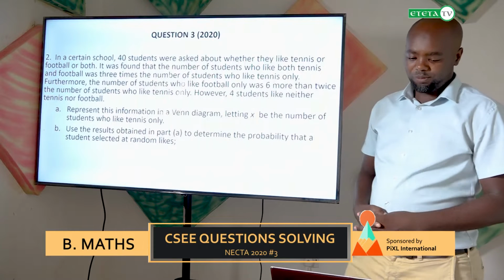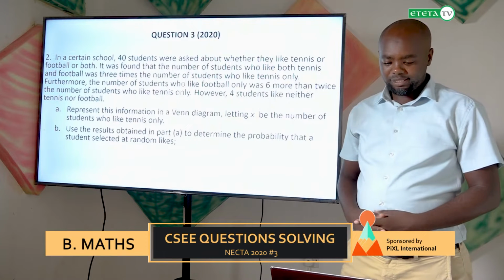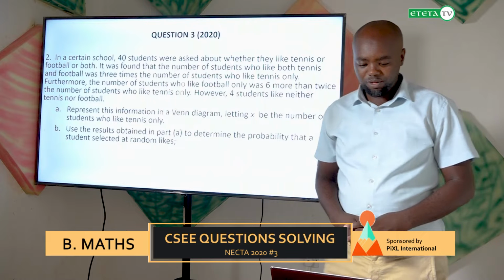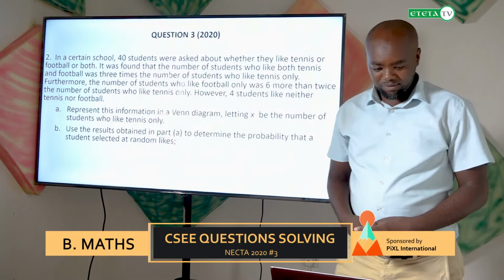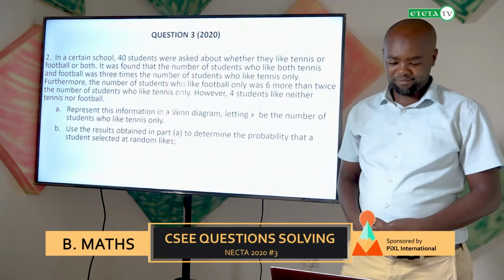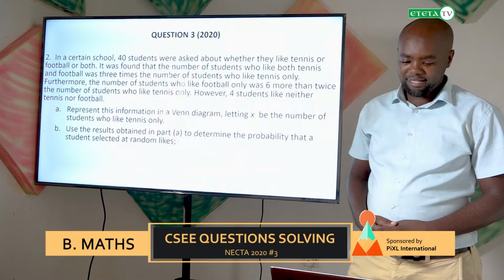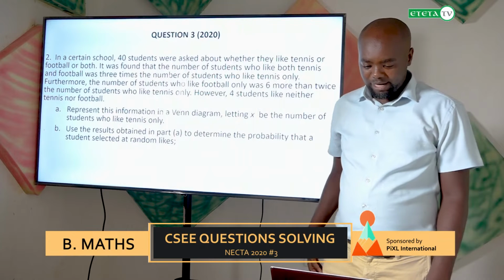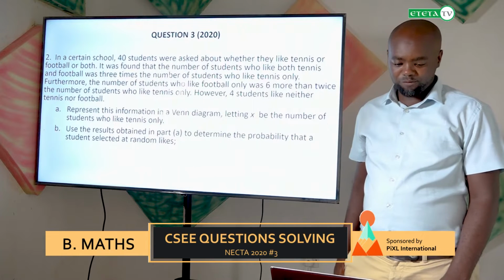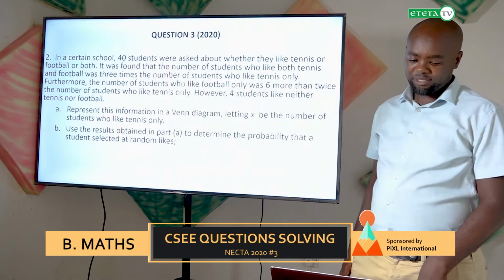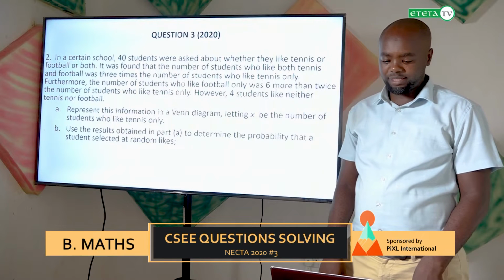In a certain school, 40 students were asked about whether they like tennis or football or both. It was found that the number of students who like both tennis and football was 3 times the number of students who like tennis only.